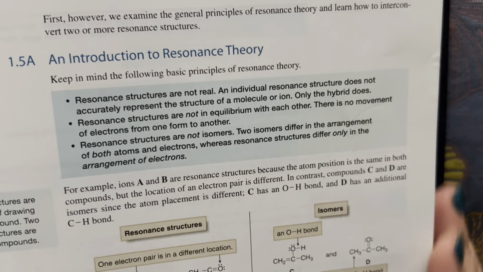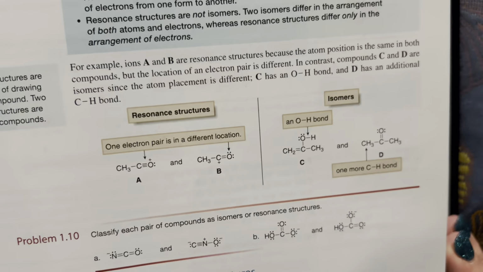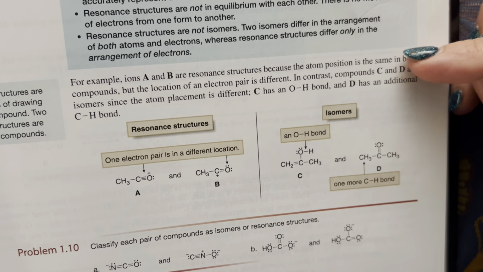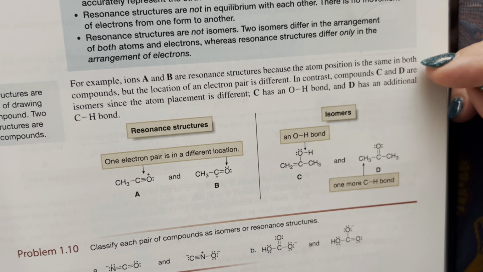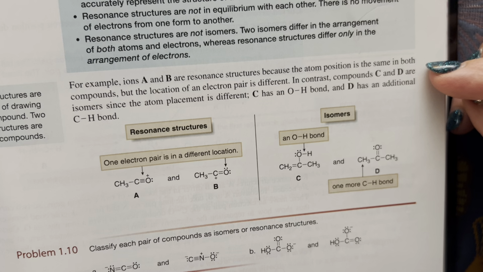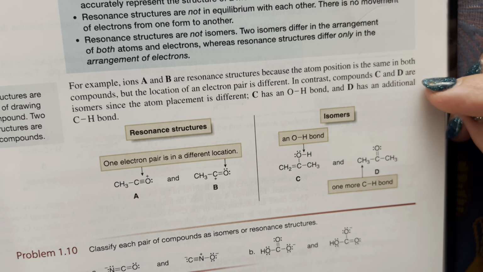Okay, so for example, let's look at these examples here. A and B, these ions are resonance structures because the atom position is the same in both compounds, but the location of an electron pair is different.